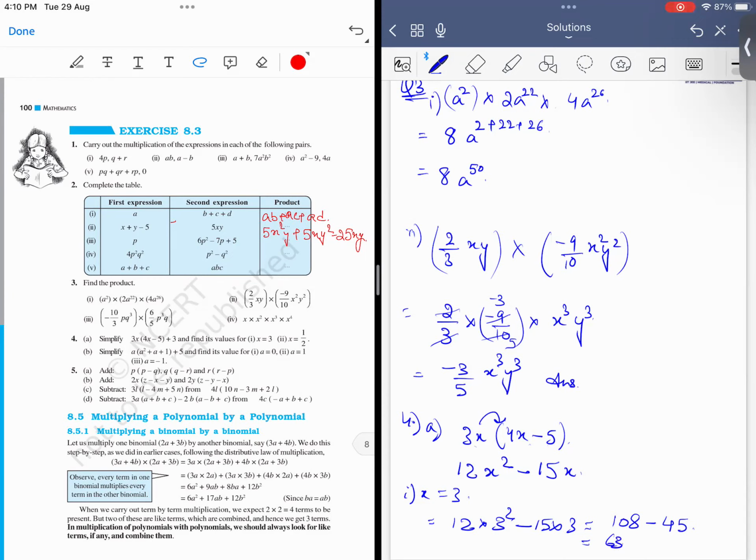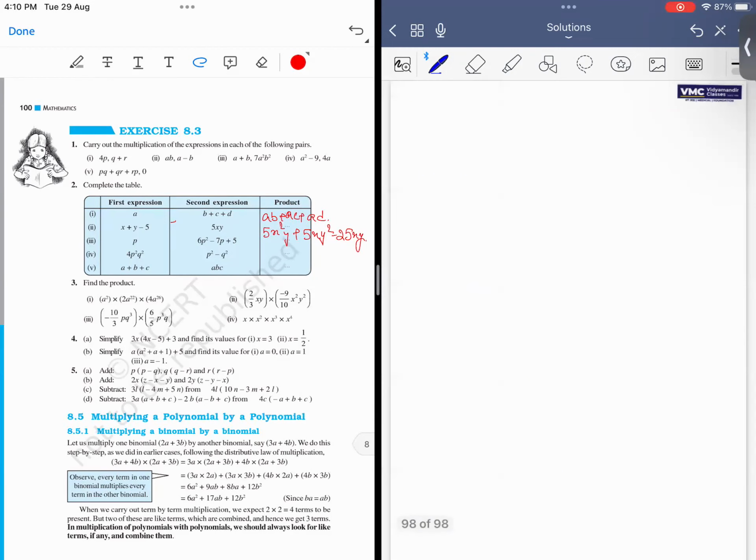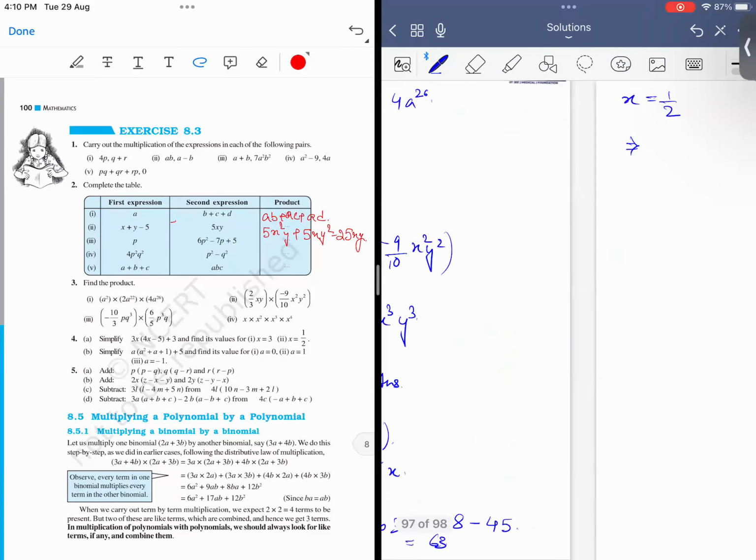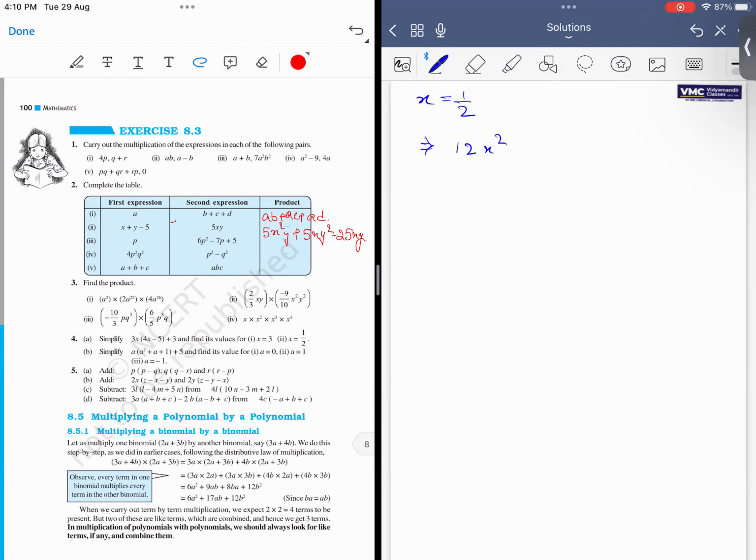So that's it. And for the second value, for x is equal to 1 by 2, again, the expression was 12x square minus 15x. So 12 into (1 by 2) whole square, which is 1 by 4, minus 15 into 1 by 2.